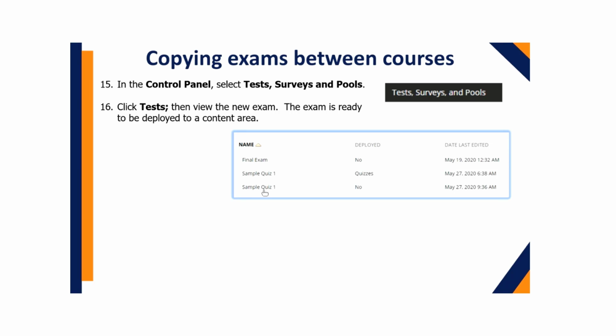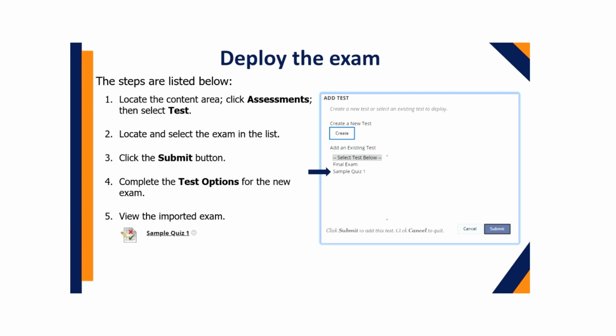It's better when I show you using the demonstration, and you would still have to deploy the exam, which means you're going to find a content area, locate it, click create your exam, which is assessments, and then test, of course. Then you select your sample test, click submit, and don't forget to complete those exhaustive test options, and then you can view your exam.